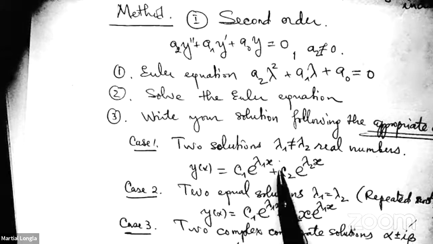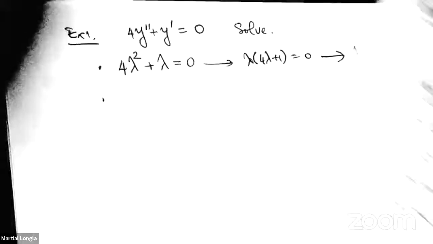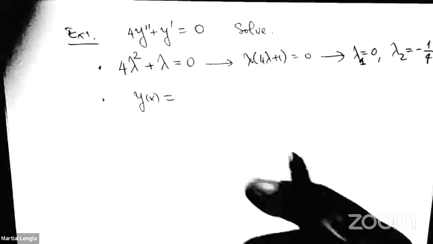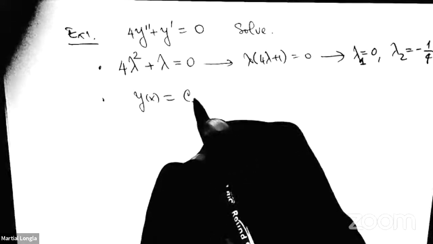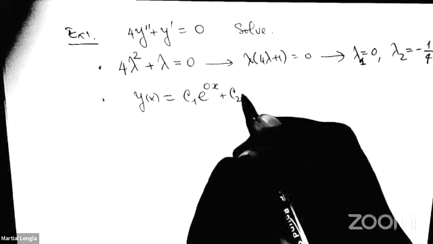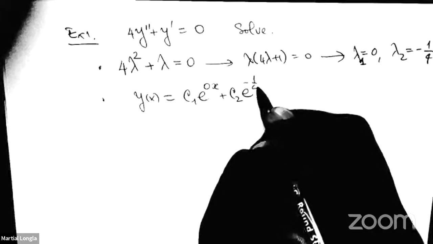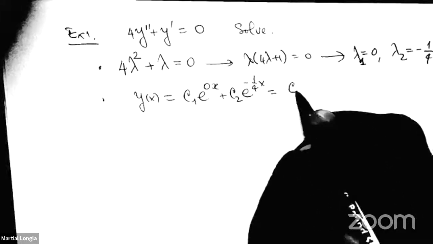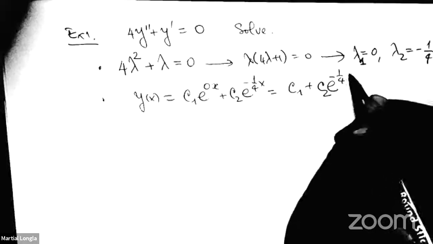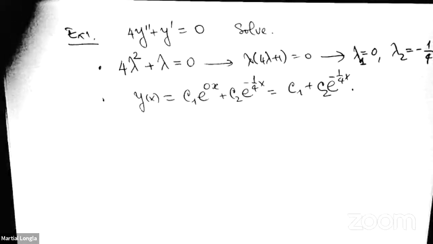So that's how you write the answer. So that's y of x. It's really short answers in these problems. c1 e to the 0x plus c2 e to the negative 1/4 x, and that is c1 plus c2 e to the negative 1/4 x. That's it. No story, no long explanations. Nobody needs them.